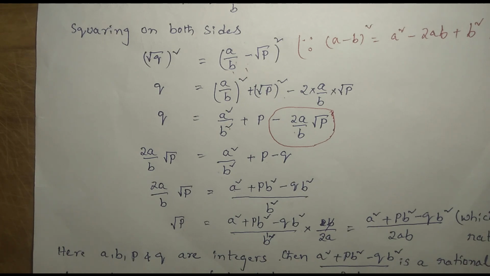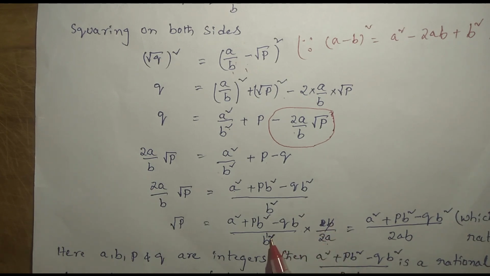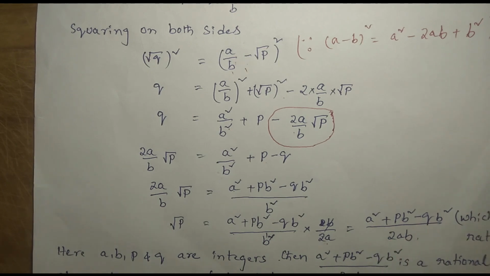We write the reciprocal of that value. What is the reciprocal of 2a by b? It is b by a. Then we cancel b square with b, and we get a square plus pb square minus qb square by 2ab, which is rational.